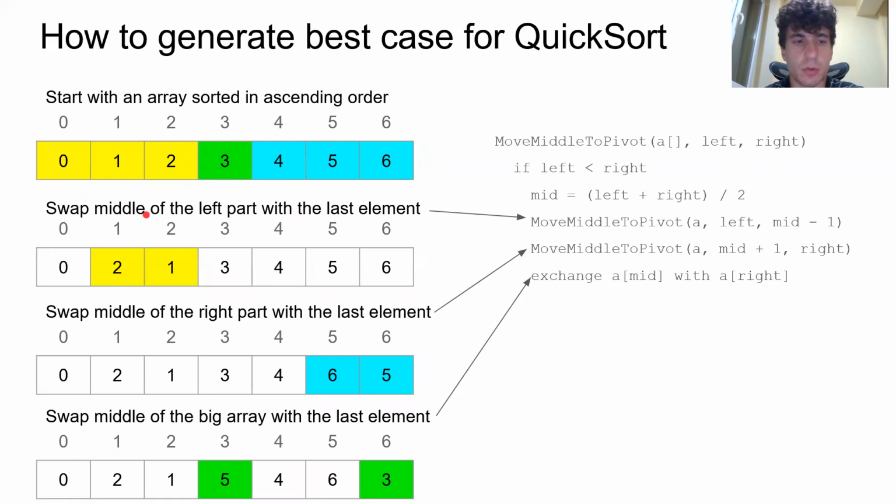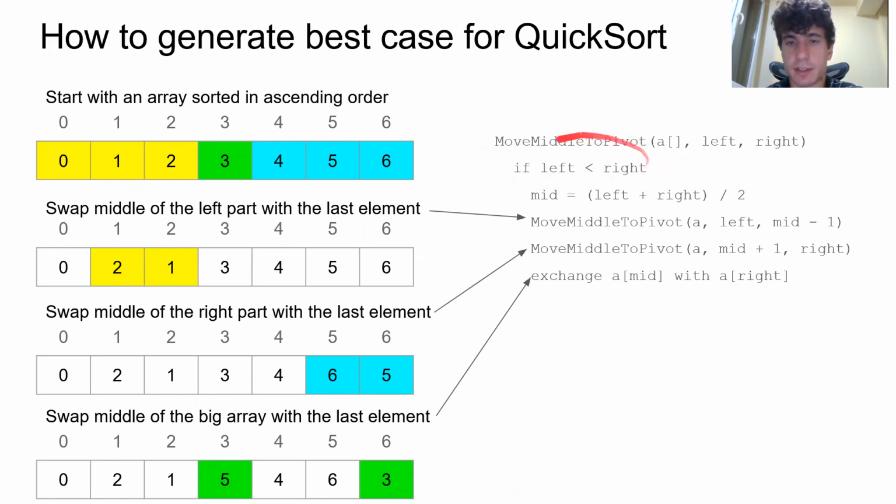So here we go to the left side and put the right pivot. Then we go to the right part and put the right pivot. And then we put the right pivot to the big array. So the code would look like this.